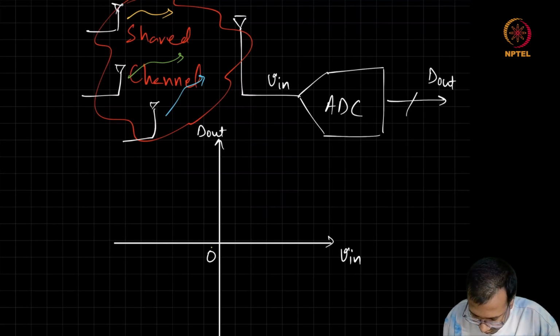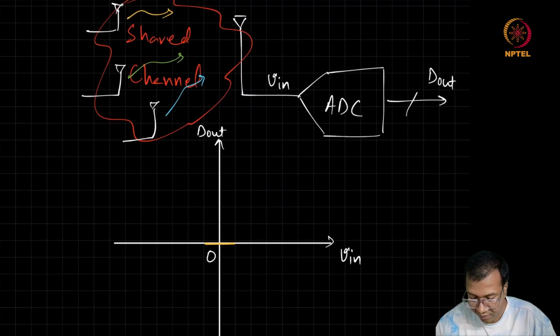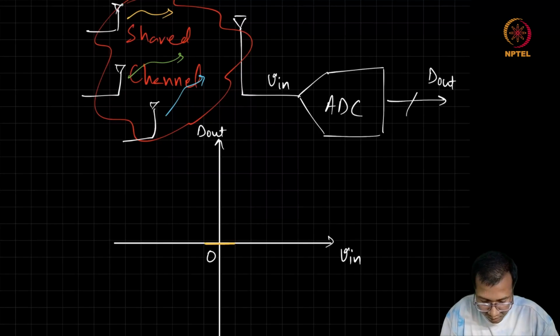Let's say if the input voltage is within some range, as a result of the quantization present in the ADC, a voltage between these two small values may all correspond to a digital code of 0.